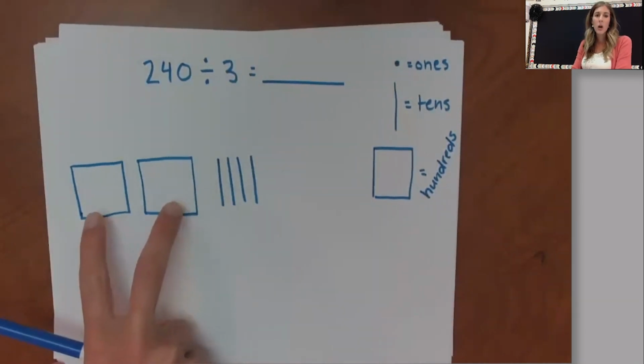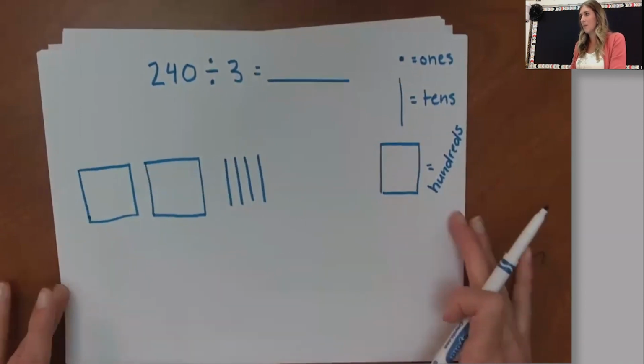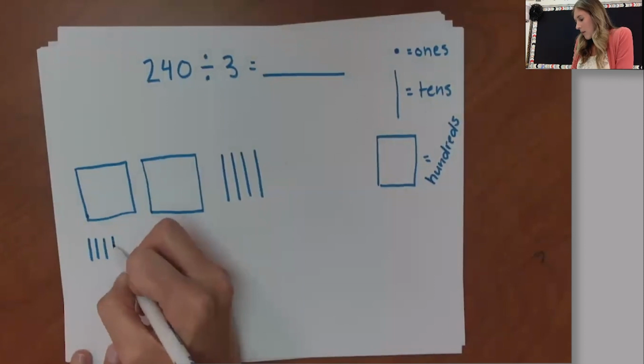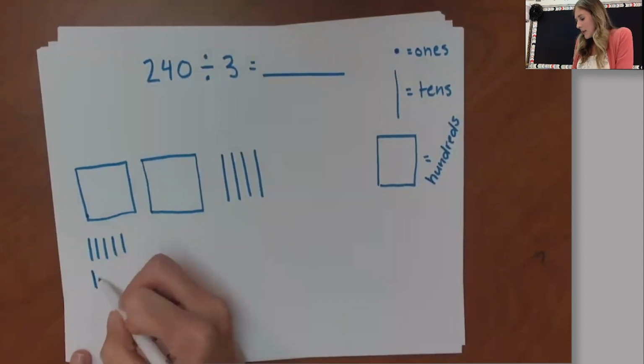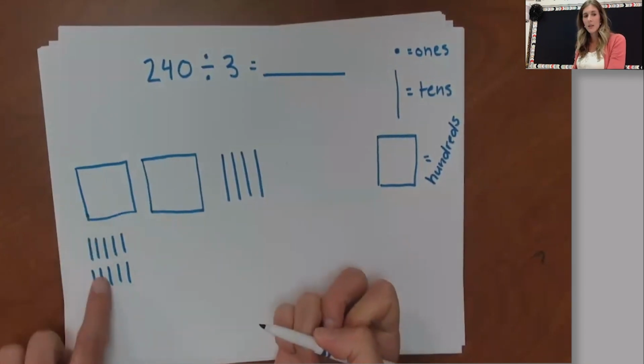So let's redraw our 2 flats to represent 20 tens. So 1, 2, 3, 4, 5, 6, 7, 8, 9, 10. That's my first 100.